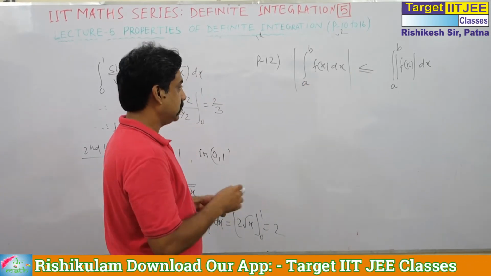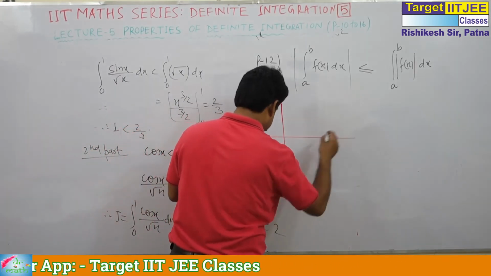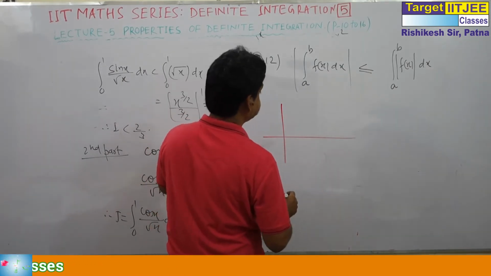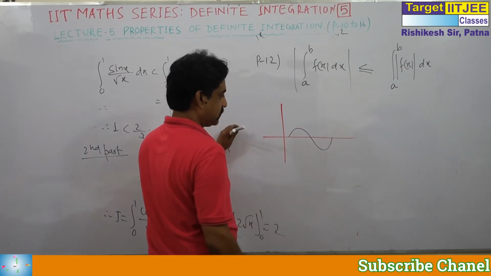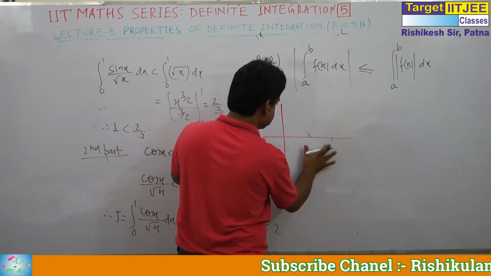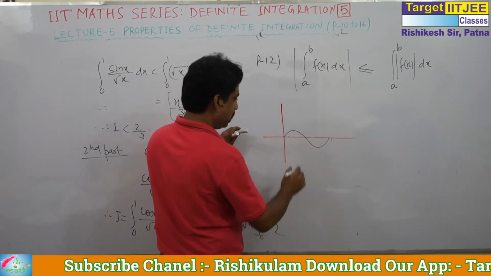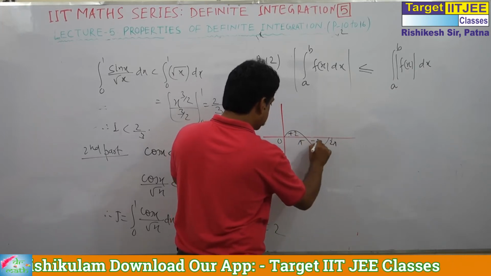You see, very simple, with a very simple example. Suppose this is f(x), or you take the graph of sin x, 0, pi, 2 pi. This is plus 2, this is minus 2.